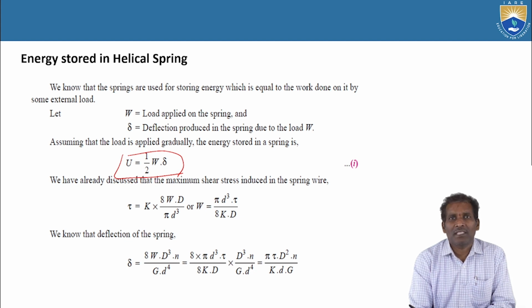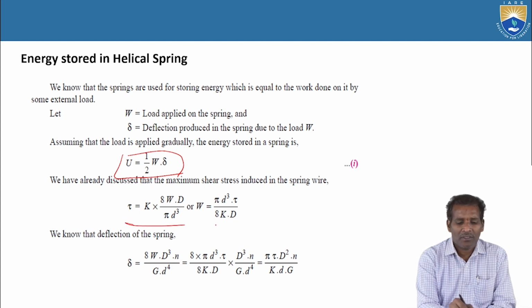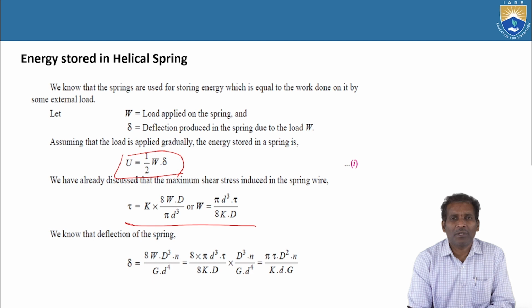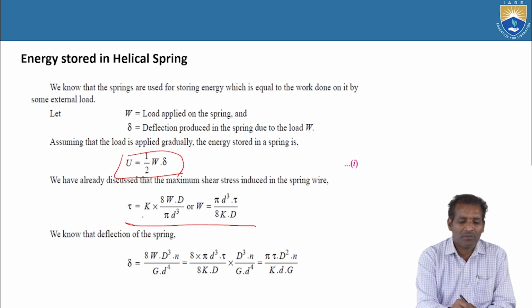The stored energy, U, is also called strain energy. The deflection here is produced in the spring due to the load. The maximum shear stress induced in the spring wire, tau, is equal to 8 K W D by pi d cube, where K is the Wahl stress factor.